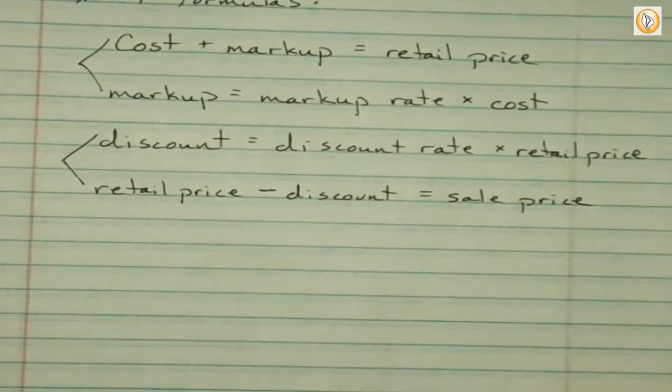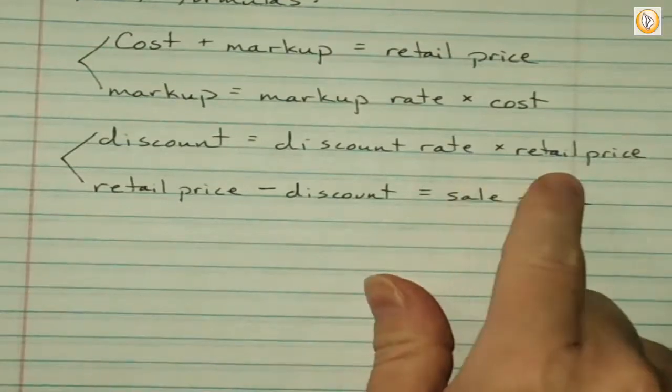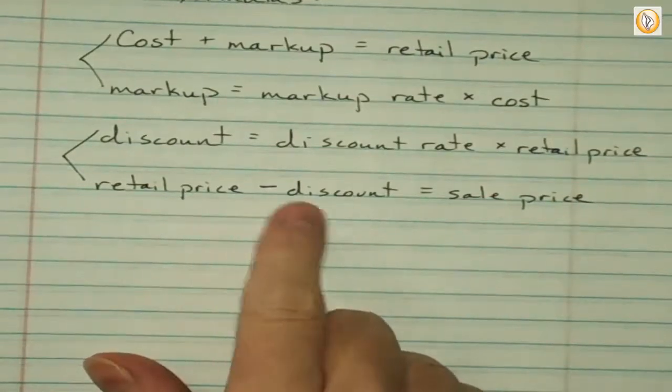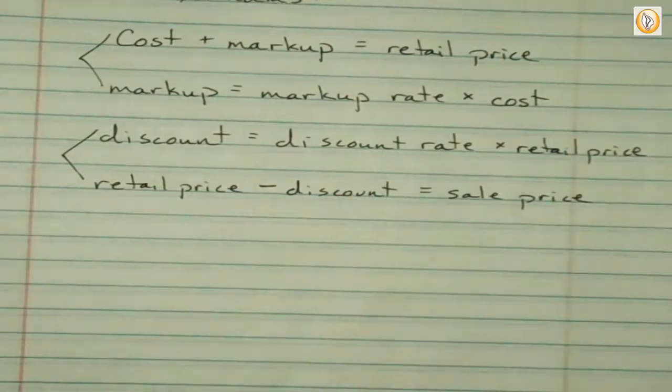All right. So write that down. The discount equals discount rate times retail price. And then this one says retail price minus discount gives us sale price.